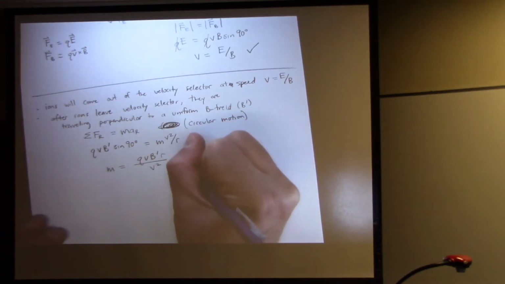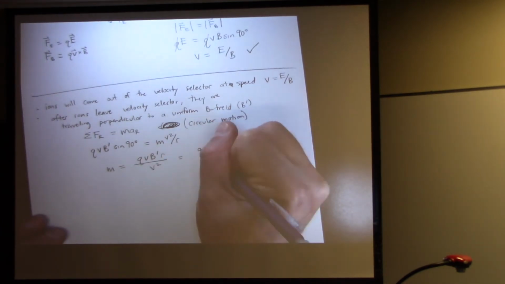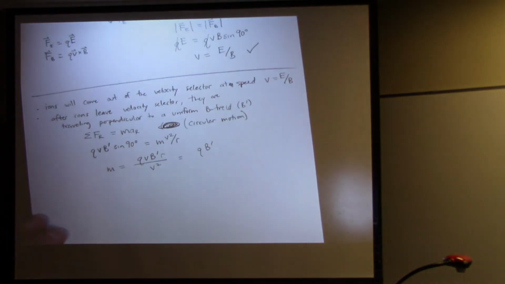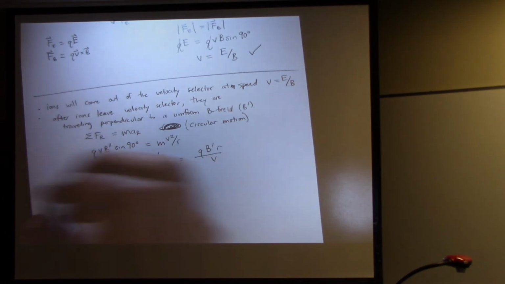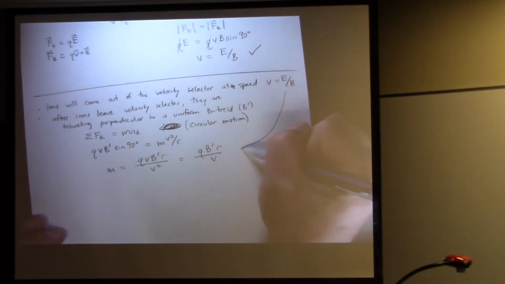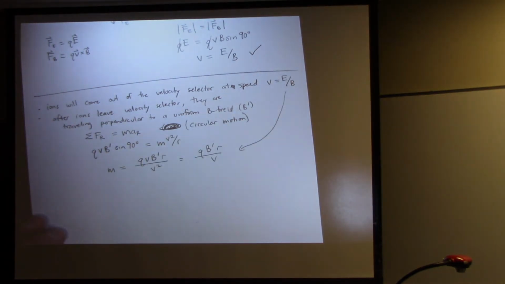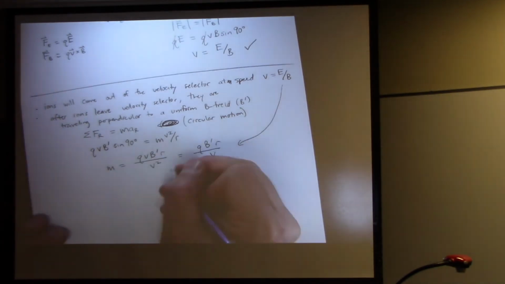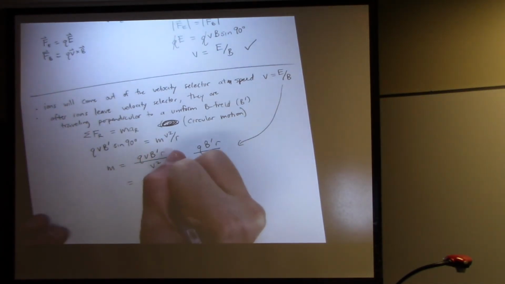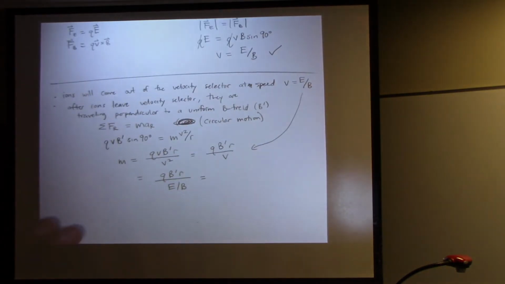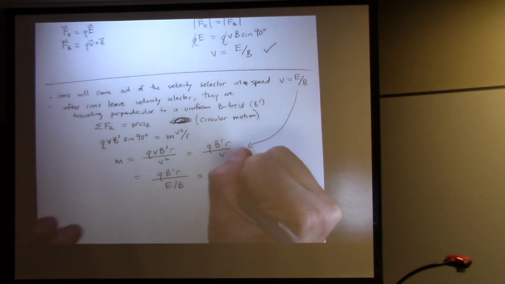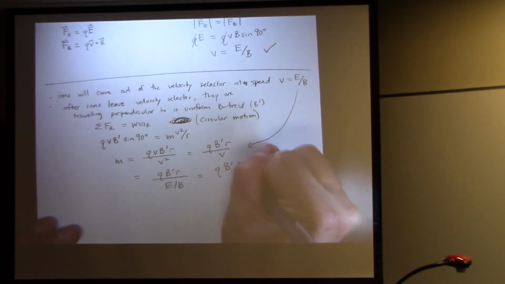So in summation, I have Q B prime times R divided by V. And then I'll just plug in what I know V is. That's just the velocity that we select for. So that's going to be Q B prime times R divided by E over B. And I can write that as Q B prime times B times R divided by E.